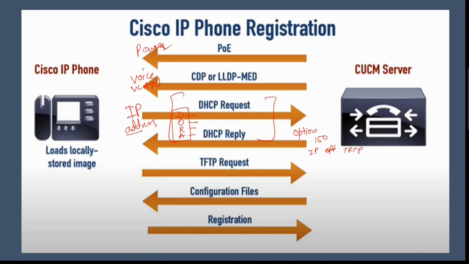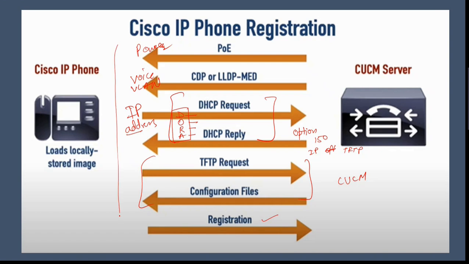Once the IP phone knows the TFTP information from the DHCP configuration, it will send a TFTP request to get the configuration files from the TFTP server, which is our CUCM only. Once it has the configuration files, it will send an acknowledgement and the registration is completed.